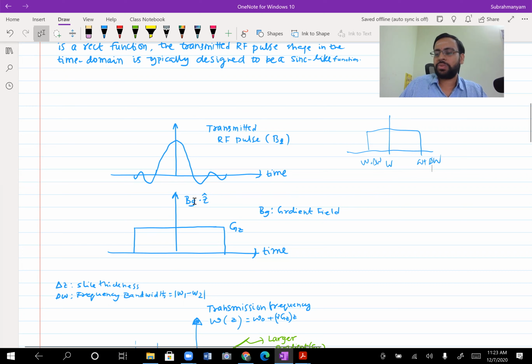So you are linearly changing it based on which location of Z you are in. That's Gz into Z, and this is what changes in the Z direction. Be very clear on this point: the applied magnetic field after you are done with B1 is just in the Z direction, but this Z-direction value would vary with the values of X, Y, Z of the object. That point has to be pretty clear.